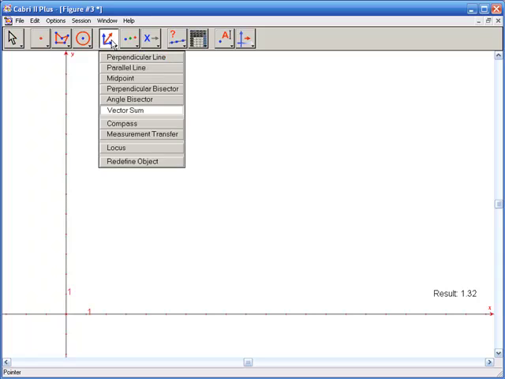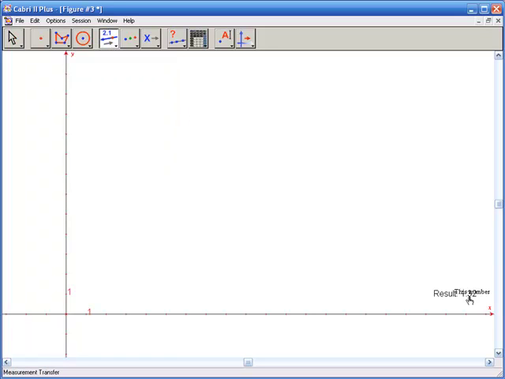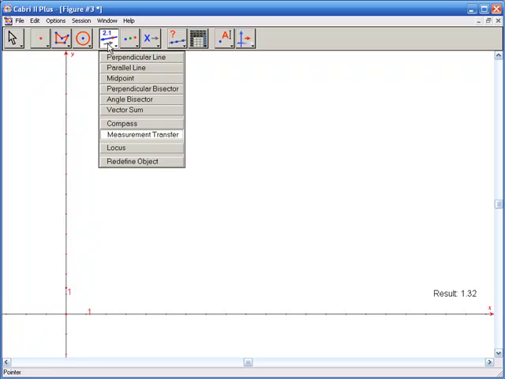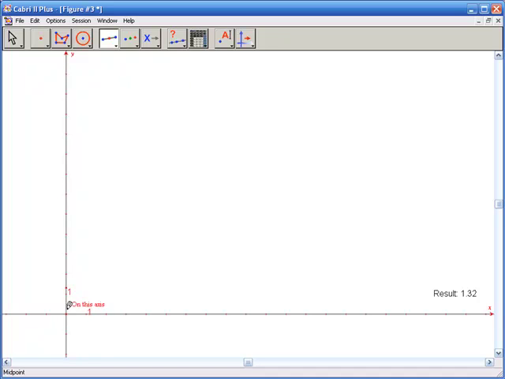We want to transfer that onto the vertical axis. Then we're going to take a midpoint, and we go back there. Then we're going to translate.